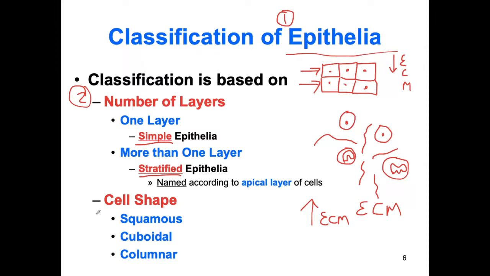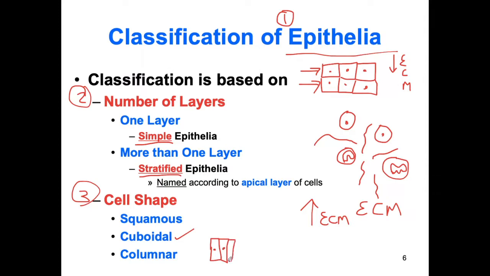The next thing we do, the third question we ask is, okay, what's the shape of the cell? Is it cube shaped like the ones up here that I drew? If it's cube shaped, we call it cuboidal. Are they column shaped? Are they tall rectangles like this?